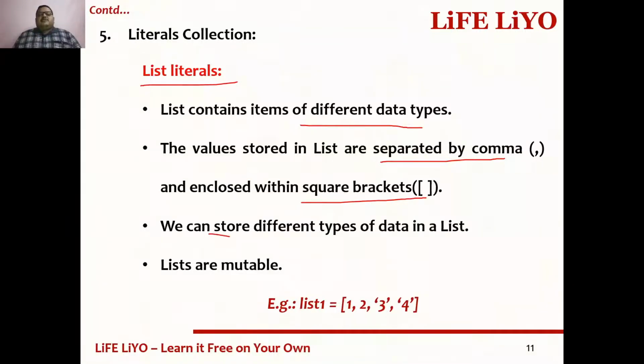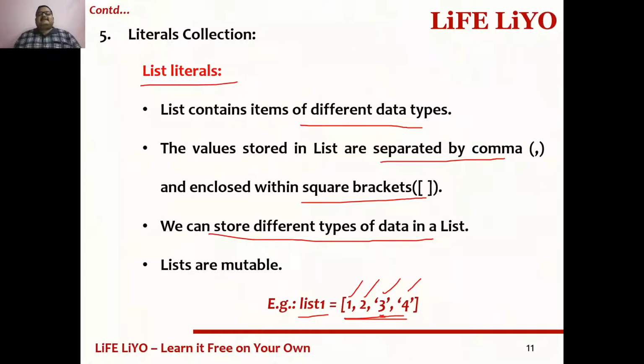Now we can store different types of data in a list, like an integer, a character. Look, I said this 3 is a string because I kept this 3 and 4 in single quotes. That means a list holds different elements of different data types separated by commas and enclosed between square brackets.